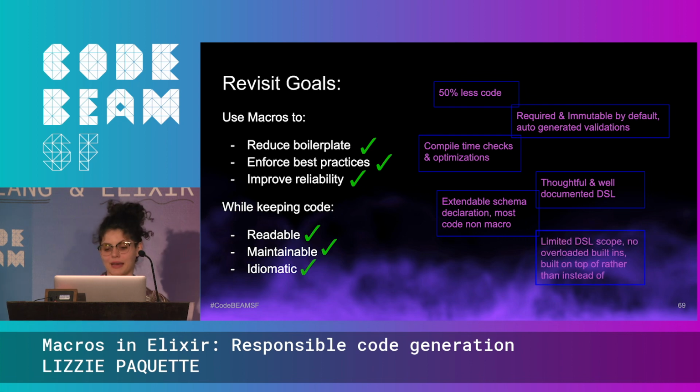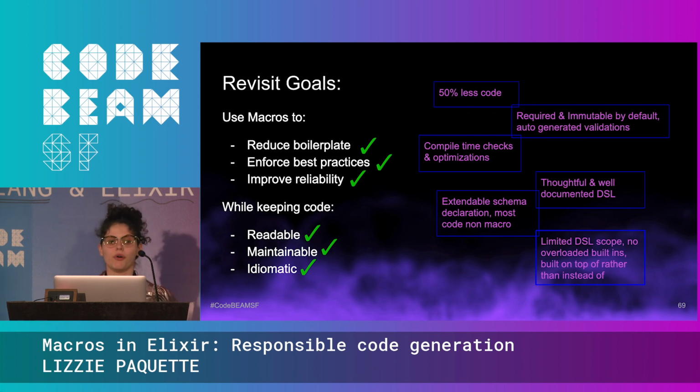And then is it idiomatic? Well, instead of having a macro that exists everywhere in your code, this DSL has limited scope. We're only using these DSLs in schema definition and struct definition, not in everyday service code. We didn't overload any built-ins.